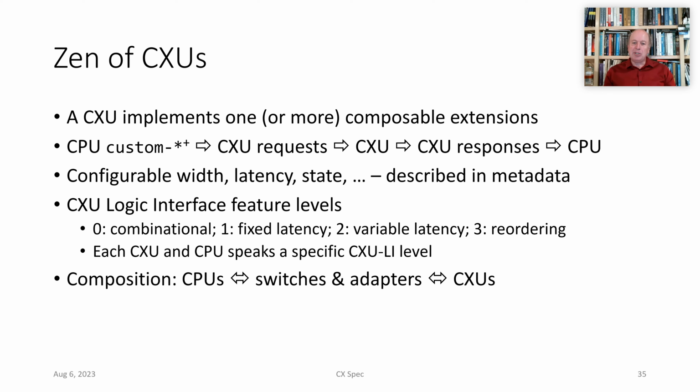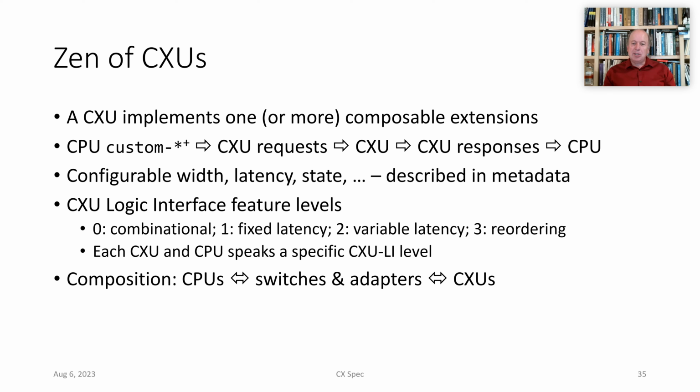The CXU logic interface supports different CXU feature levels, reflecting different levels of sophistication of CXUs. It efficiently supports combinational CXUs, pipelined fixed-latency CXUs, variable-latency valid-ready handshake streaming CXUs, and response reordering CXUs. A given CXU or CPU will speak a specific CXU-LI level.